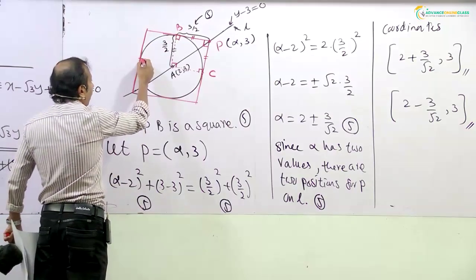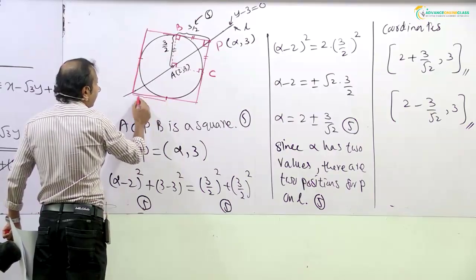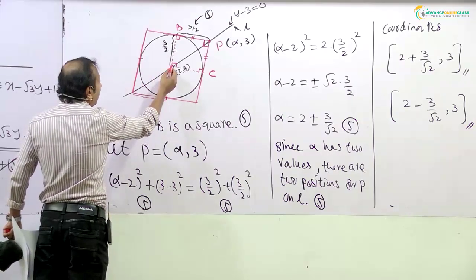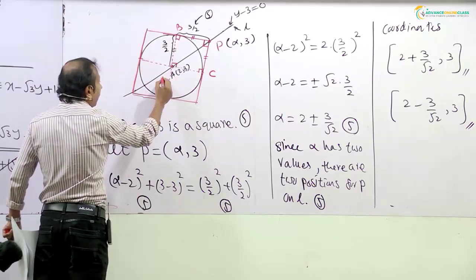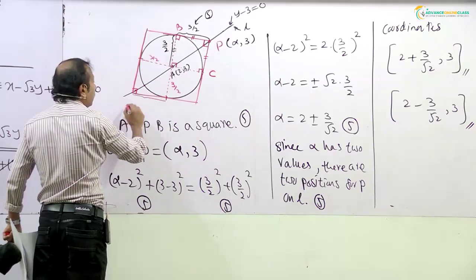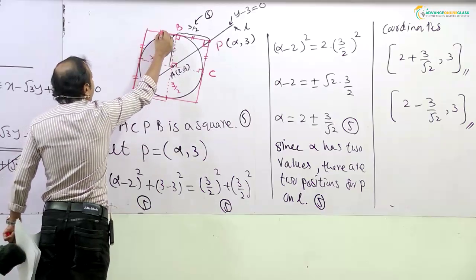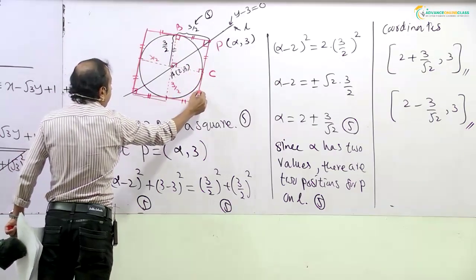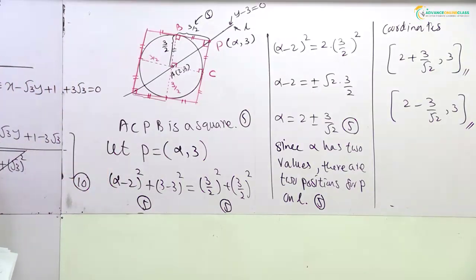So what is this length also here? Again, when we produce this way, this is 3 by 2. This is 3 by 2 radius. This is 90, no? And this also the same. All are the same now. Yes or no?